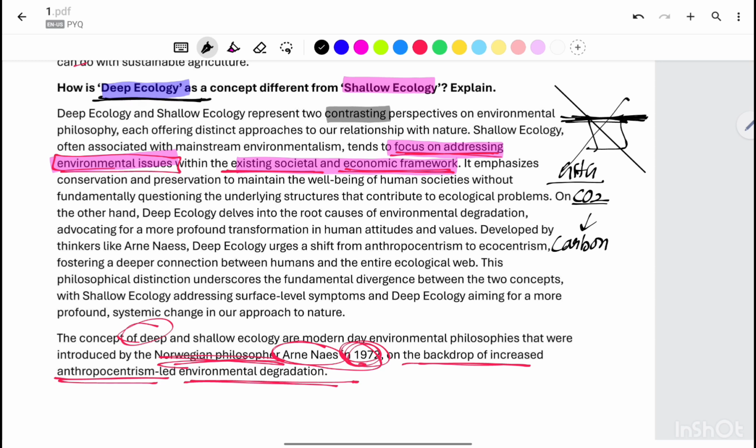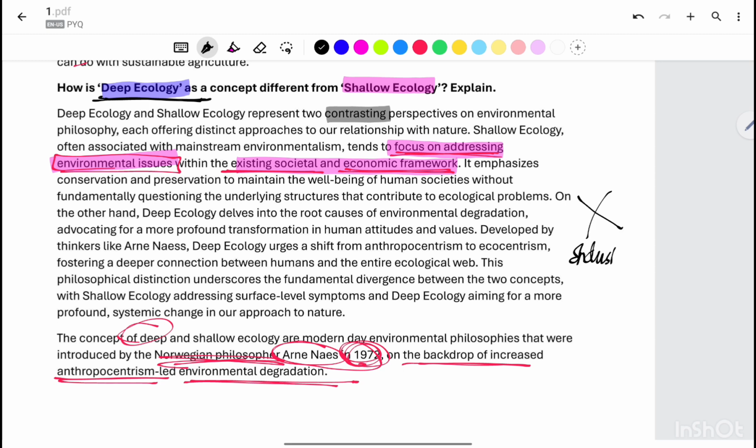Limiting, or having carbon border adjustment mechanisms like carbon exchange, right? Carbon footprint exchanges. Instead of using carbon cycling, or carbon capture and storage techniques, you are just stopping the industry itself.